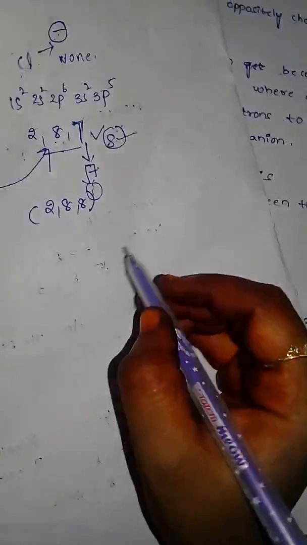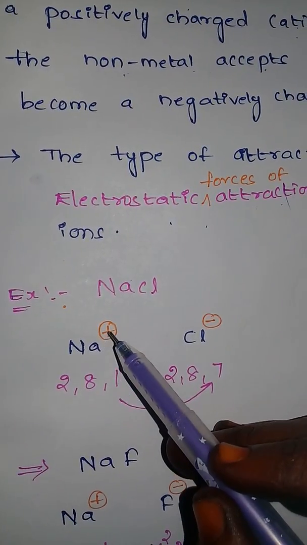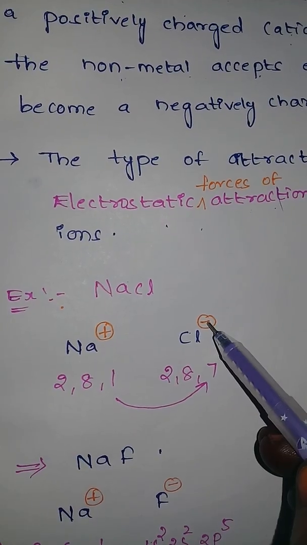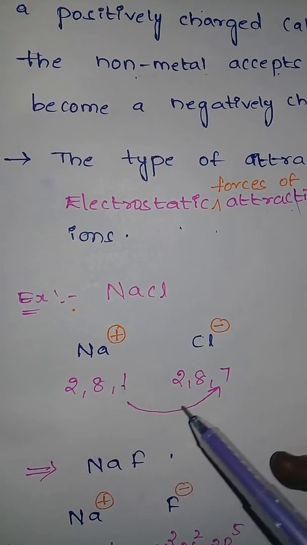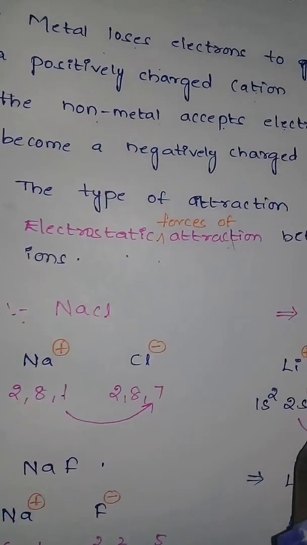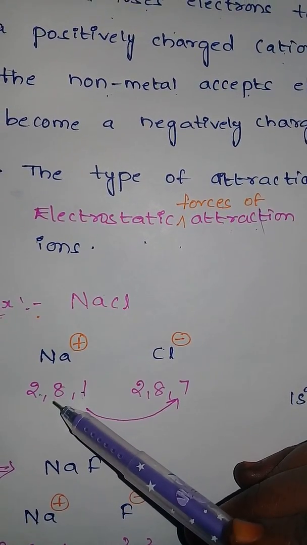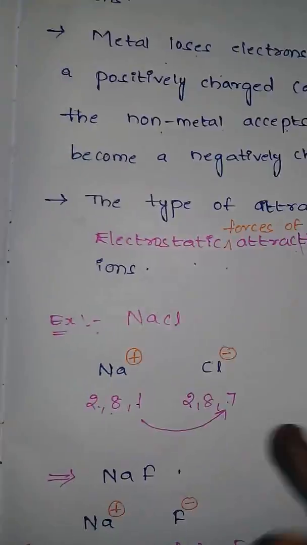See, in sodium chloride, sodium attains positively charged cation and chlorine attains negatively charged anion. In sodium, 1 electron is transferred to chlorine. After transfer of electrons from sodium to chlorine, sodium attains 2, 8 stable configuration and chlorine attains 2, 8, 8 configuration.